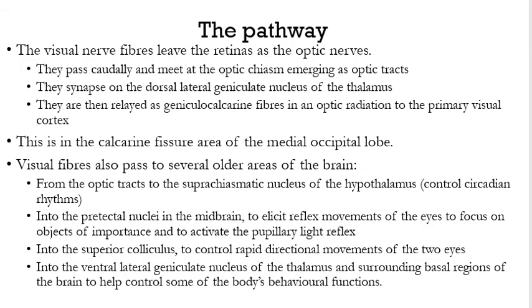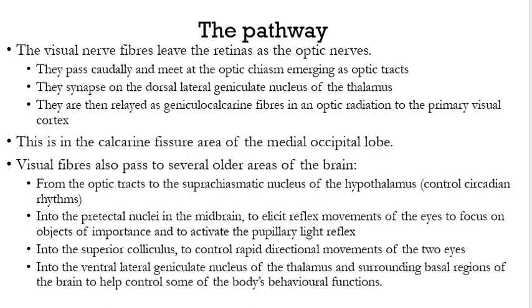This slide is very wordy, but it's just there to summarize a few things. For instance, the visual nerve fibers leave the retinas as the optic nerve. This we have already learned. They will pass caudally and meet at the optic chiasm. As they go through the optic chiasm, they are now known as the optic tract because they're carrying everything.